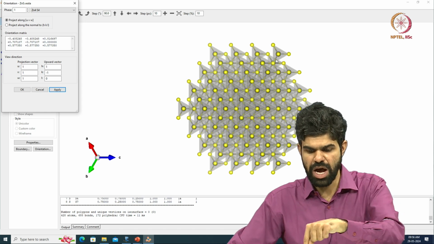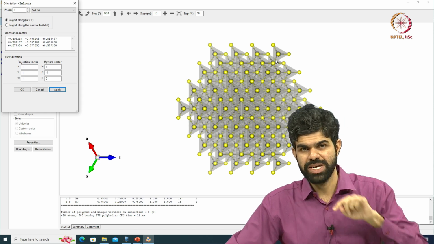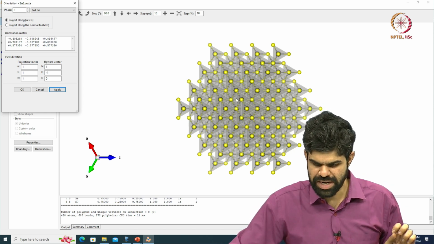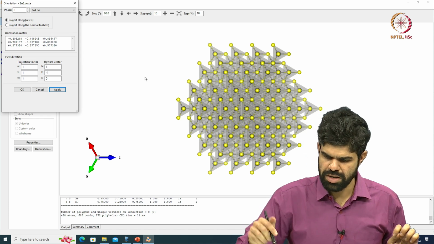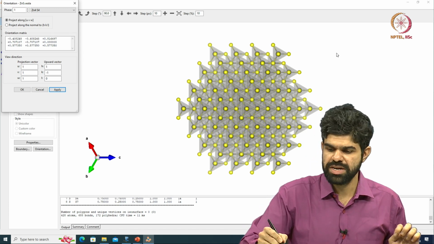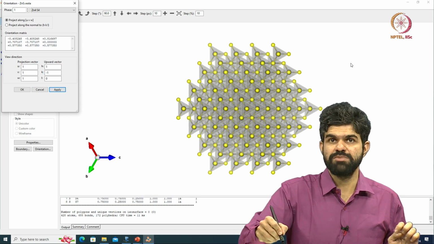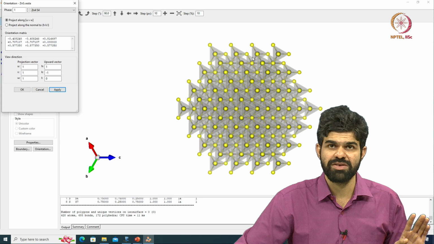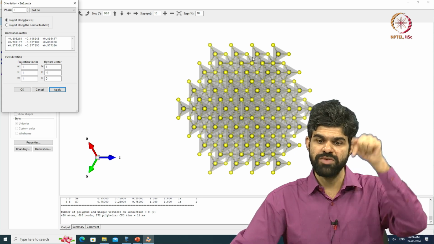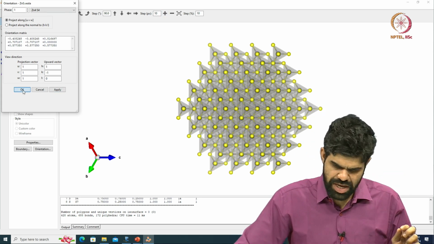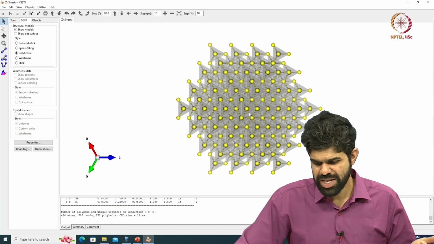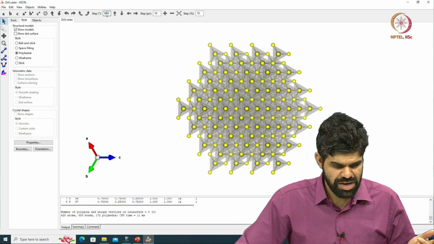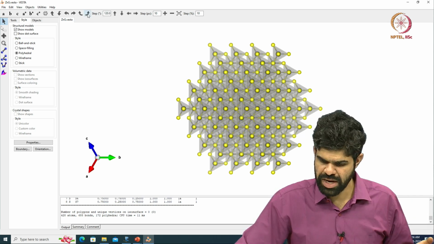The vector that comes out of the plane of this board is the 1 1 1 vector, and the vector that points to the top of this page, vertically up, is the 1 1 bar 0, which is perpendicular to the 1 1 1 direction. So I can visualize it this way, and when I rotate it by 120 degrees, nothing really happens, right.